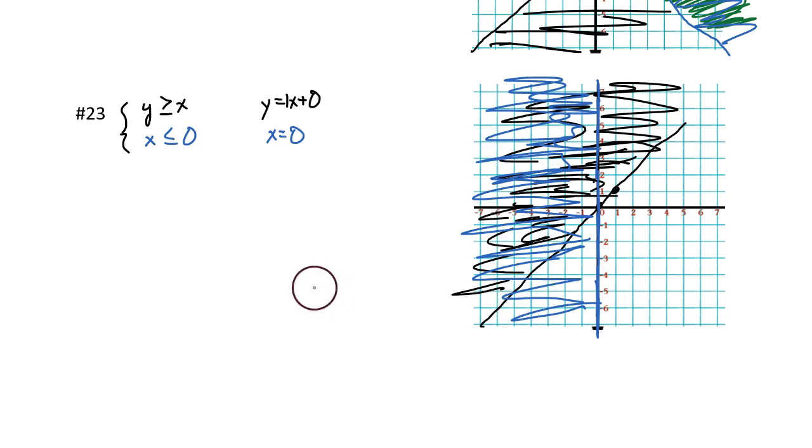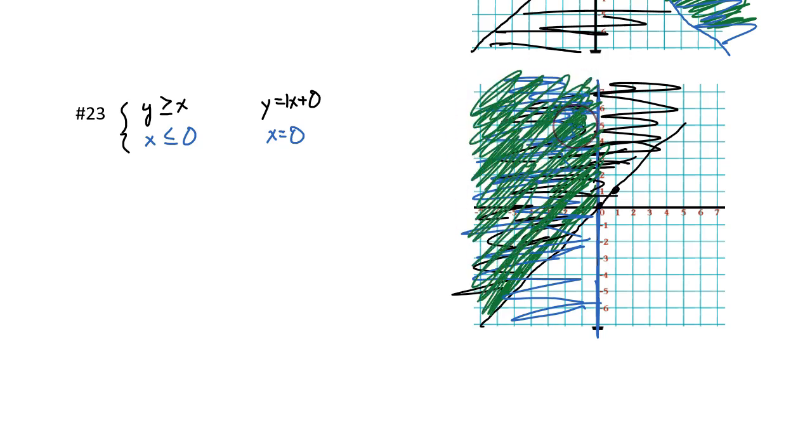Now, where are the answers to the first one and to the second one? That is, where's the overlapping space? Take your pencil and darken that answer in really good. The shaded in region in green ink is the solution to this system.